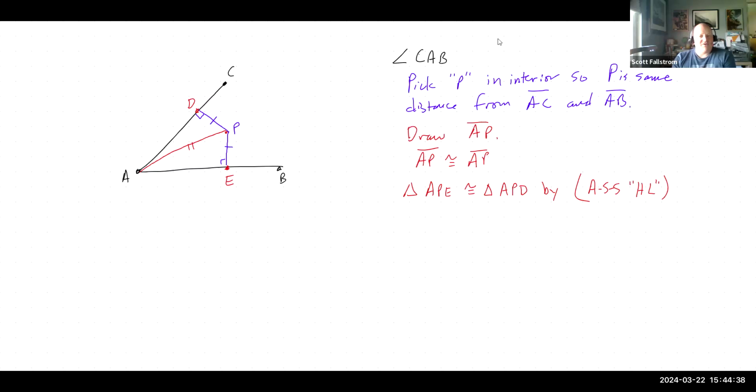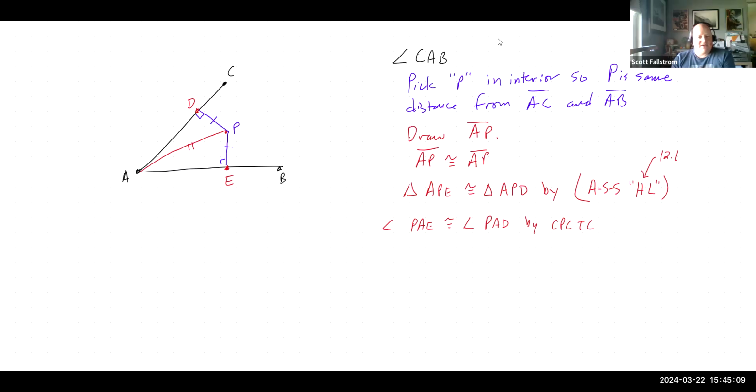Right? So now I have congruent triangles, and that means that angle PAE is congruent to angle PAD by CPCTC. Okay. And if you wanted to see where hypotenuse leg is from, that's from section 12.1. Figured somebody would probably say, where'd that come from? That's in section 12.1.